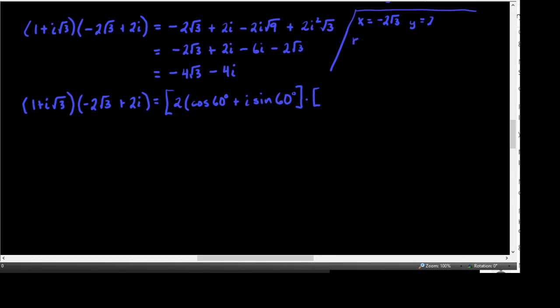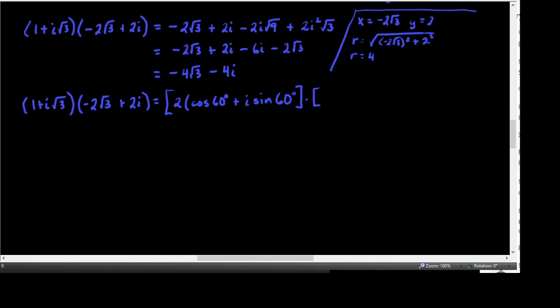So r would be the square root of x squared plus y squared. And so r would be 12 plus 4, 16, square root of that is 4.